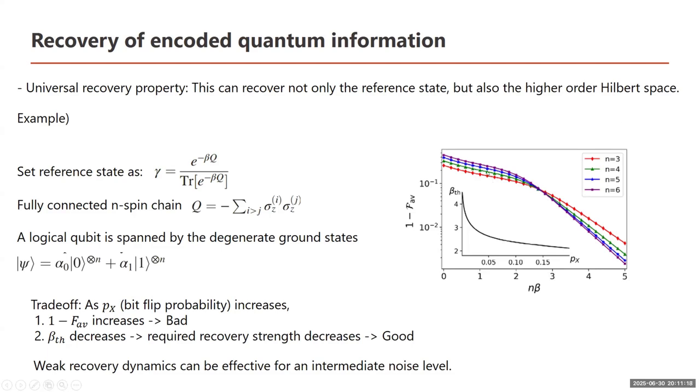Then we know that the required recovery strength decreases, because as beta decreases, the recovery strength also decreases. And we know that this is a good situation. So we can think that this is kind of a trade-off.